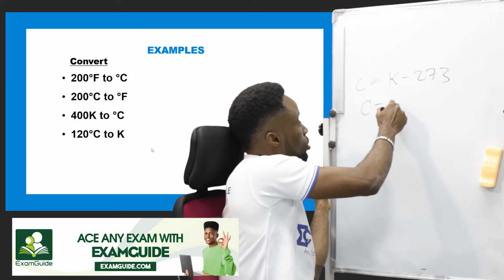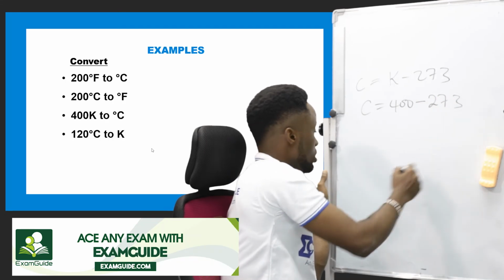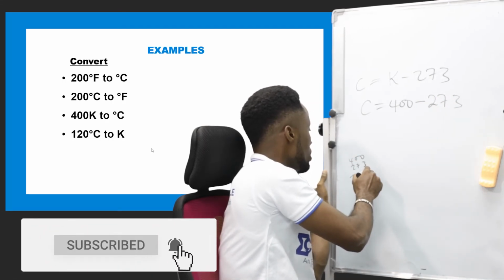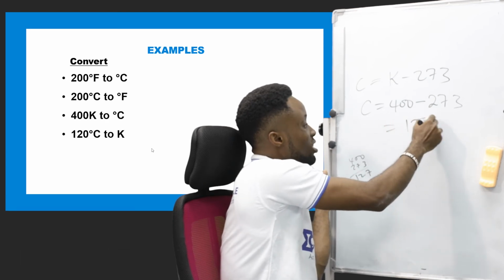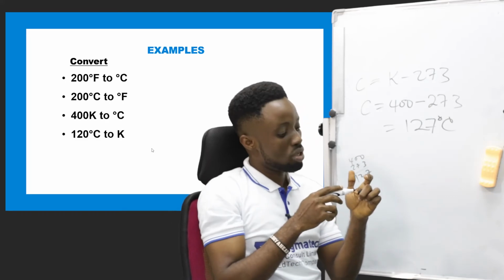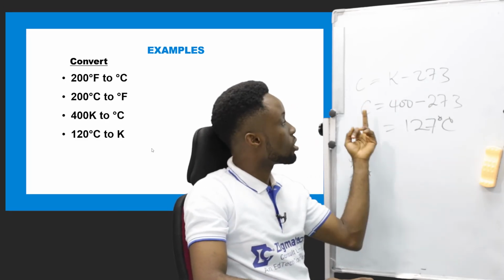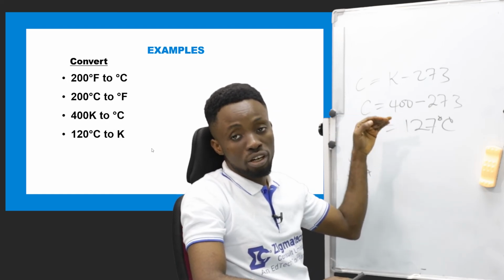So Celsius will be 400 minus 273. We have 273 here. This is 127 degrees Celsius. So what you simply need to do is that from Kelvin to Celsius, you subtract. So you see that 400 Kelvin will give us 127 degrees Celsius.